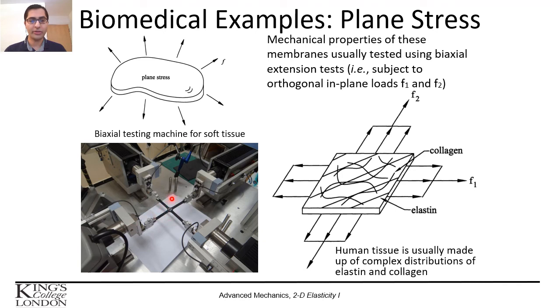You see the machine here, that's the sample. And then biaxial forces are exerted on the tissue, and calculating the stress and strain distribution in the tissue, we can formulate the plane stress case and then generalize it to the whole biological organ or tissue.